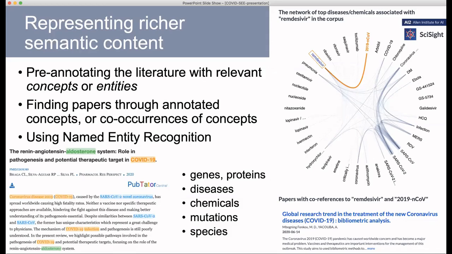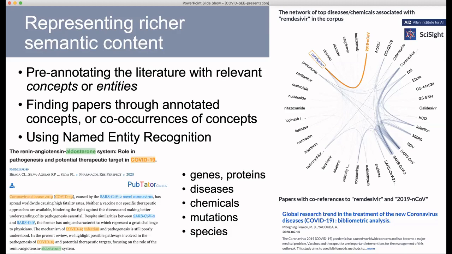There were many people trying to respond to the situation, and the Allen Institute for AI itself has a number of tools in their Semantic Scholar system that they very quickly adapted to the CORD-19 data set. And one of the key things that they did was to leverage named entity recognition.